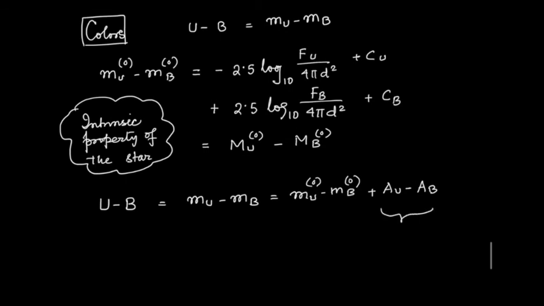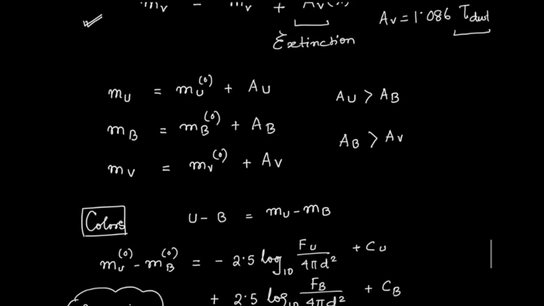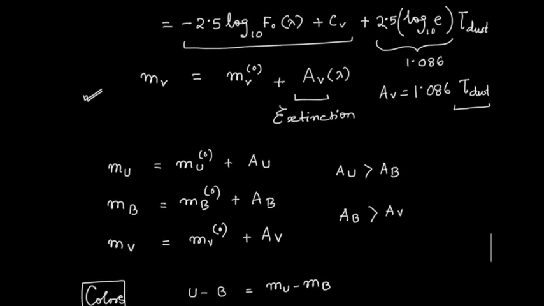This again has a name. It's written in short form this way, E U minus B. And you see again, these quantities AU minus AB will depend on the dust. It will not depend on the distance to the object, because, see, what are AU and AB?